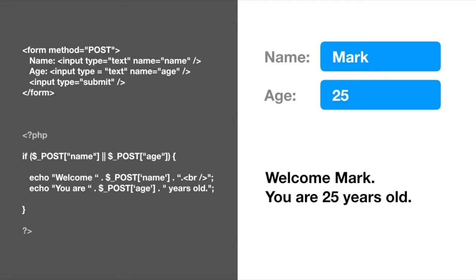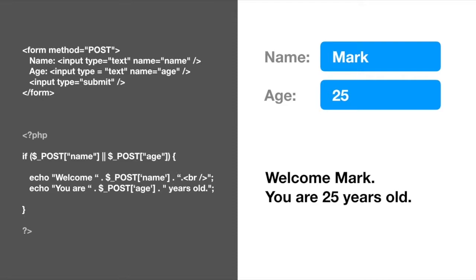Then I have a paragraph with the label name and my input there, with type text and the variable name called name. Then I'm asking for an age, so input type text; I could have also done number. The name of that input is age, so I'm labeling the variable age.